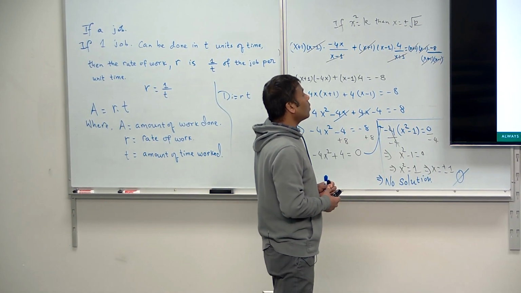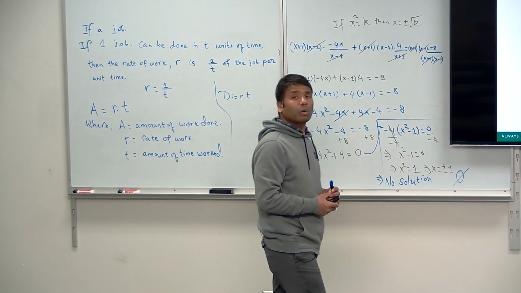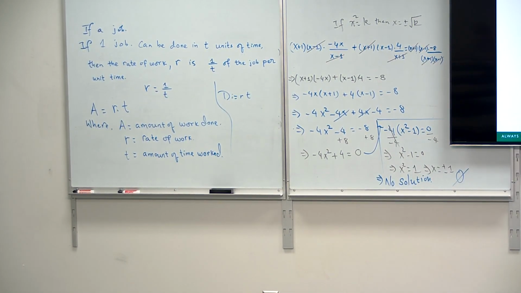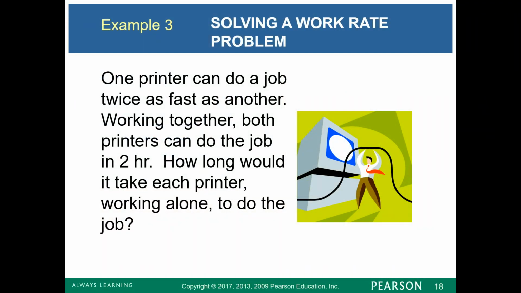How long would it take each printer working alone to do the job? So how do you solve this problem? First you read the problem, assign the variable, set up the equation, and then solve it. Okay?